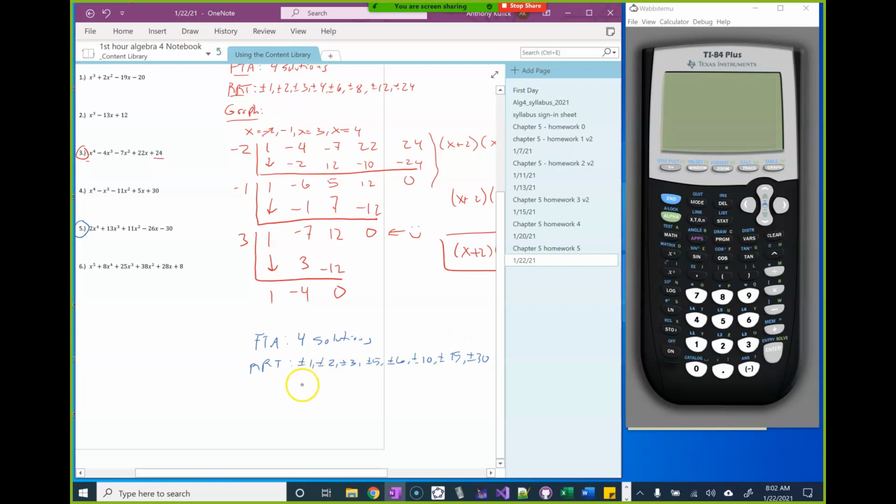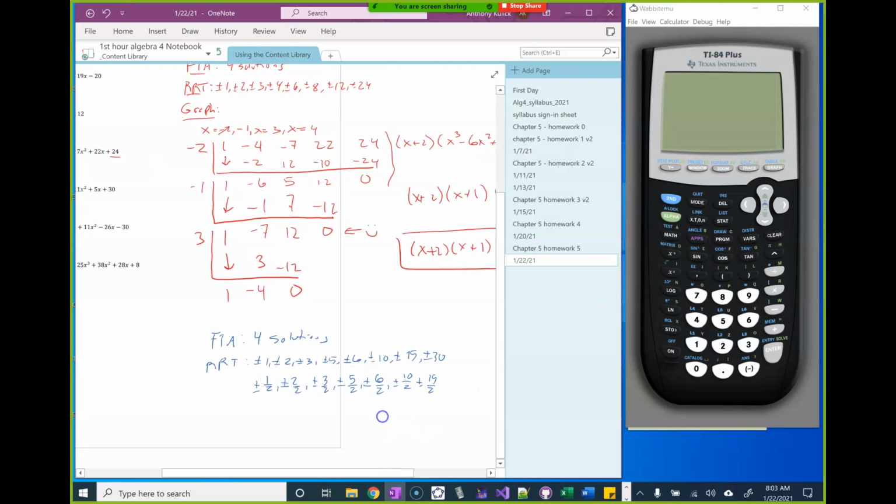So that's over 1. And then I also have each of these over 2, because our leading coefficient is 2, so the factors of 2 are 1, which is what I have above, and then 2, which is what I'm writing now.